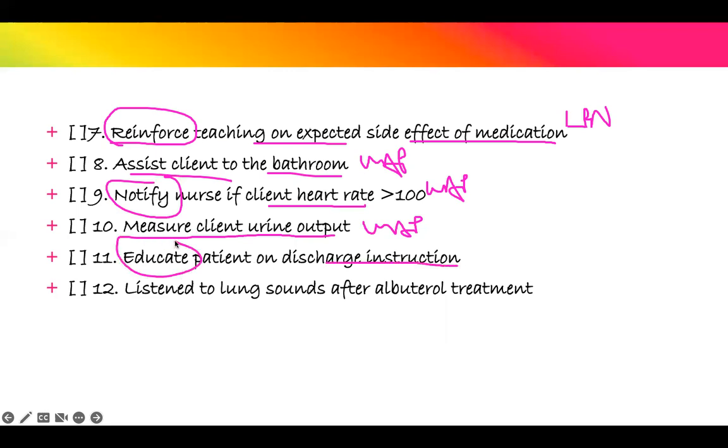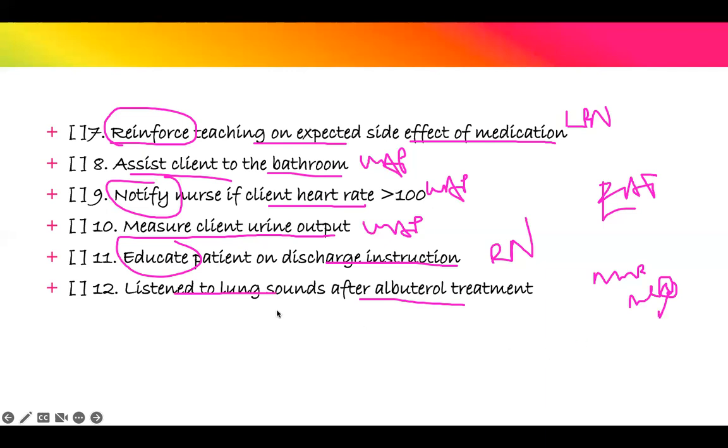Educate patient on discharge instruction. The word education. Who does it? That's the nurse, so RN does that. Listen to the lung sounds after epidural treatment. Remember MMR most. The S is special test. Listen to the lung, listen to the bowel sound, and then neurovascular check.